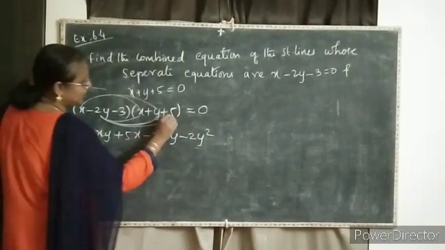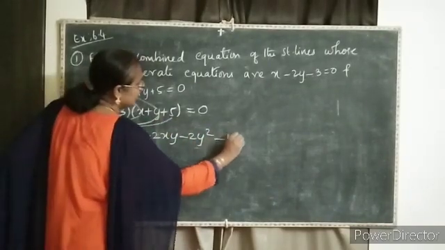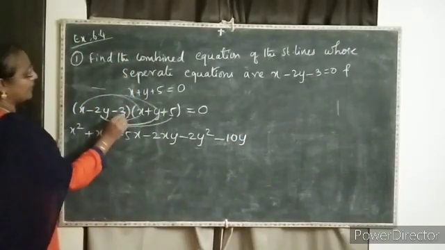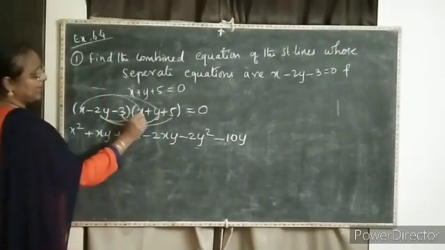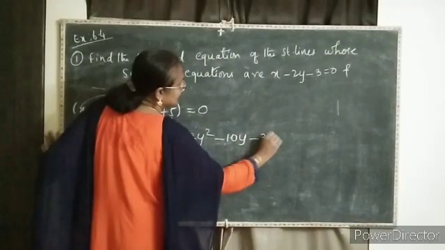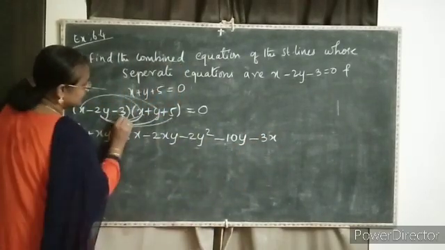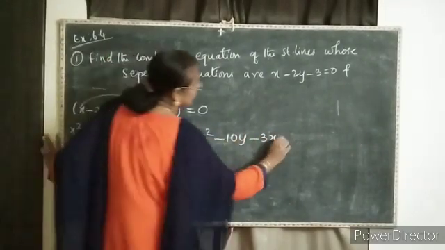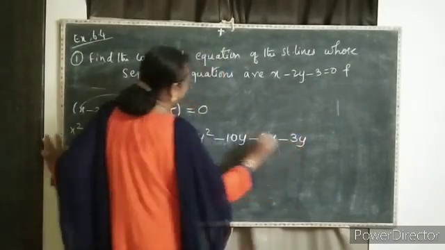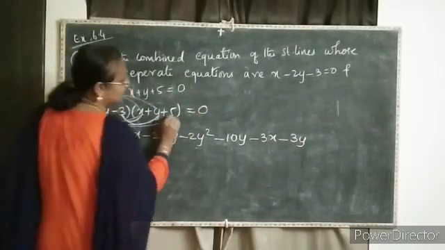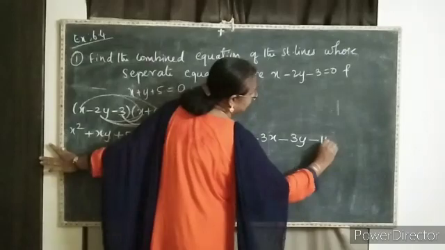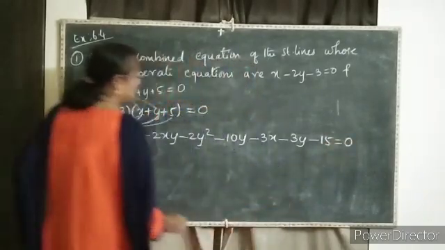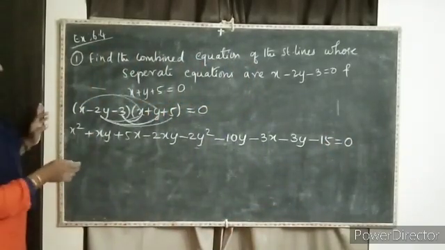Again minus 2y into 5, minus 10y. Isn't it? Now again take minus 3 into x, which gives you minus 3x. Again minus 3 into y is minus 3y. Again minus 3 into 5 is minus 15 equal to 0. Now we are going to rearrange it.